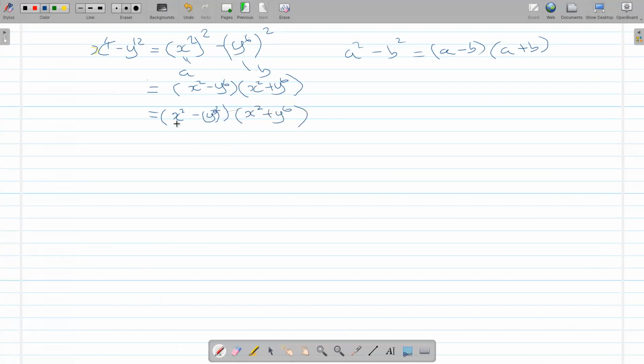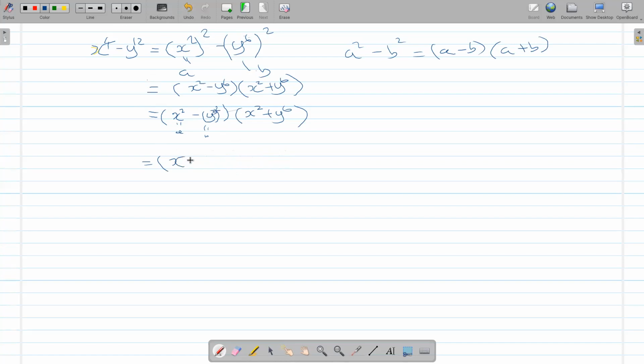Now this one, this x is A this time and this y to the 3 is B. So I can do x squared minus y to the 3, sorry, not x squared, because my A is x now.